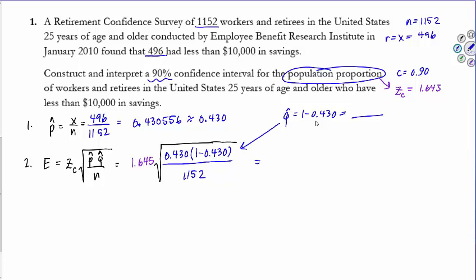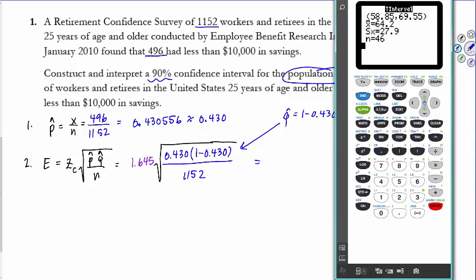It's really your choice. The thing you want to do is make sure that you don't make any big giant intermediate rounding errors. So if you want to be very confident in this answer, I would cook up this p hat and use all those decimal places by creating the margin of error: 1.645 times the square root of p hat, which I just made.